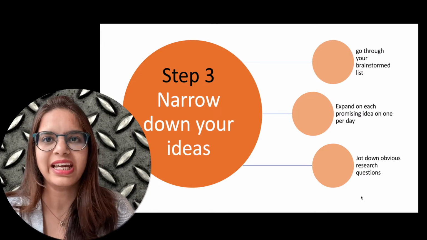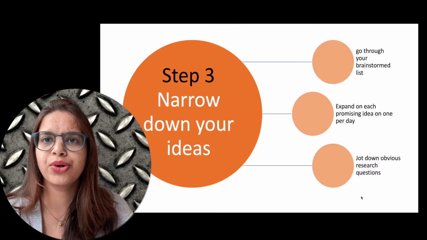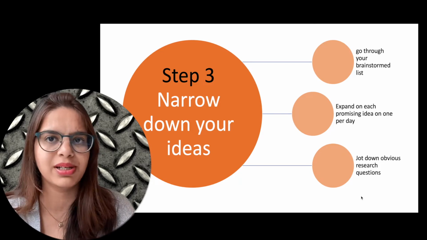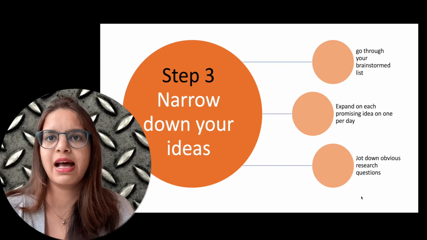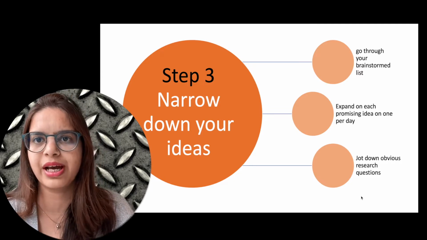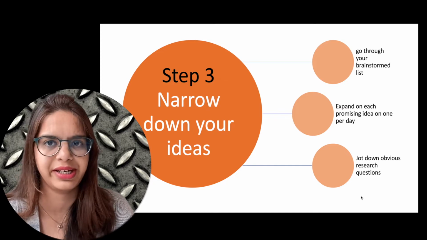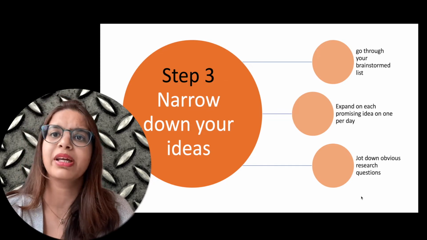Step number 3 involves narrowing down your ideas. Go through your brainstorm list. Now you have a complete brainstorm list with you. Narrow it down to the best 2 to 3 ideas. For example, you listed 20 to 30 ideas. Out of that, try to make it short, 2 to 3 ideas. Expand on each promising idea, brainstorming day by day.